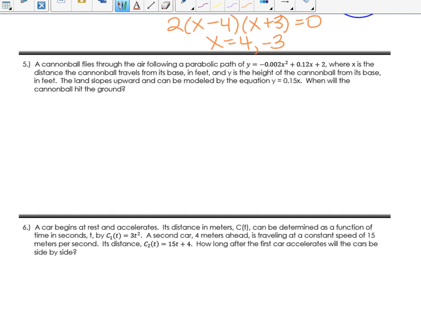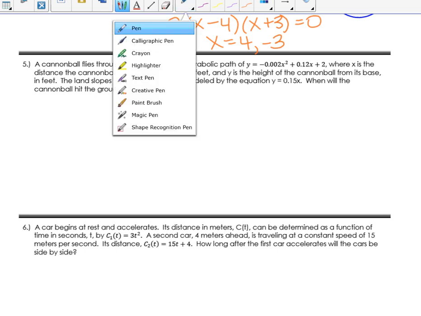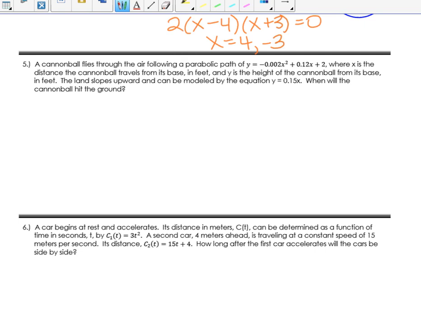It's okay. Number 5, a cannonball flies through the air following a parabolic path of y equals this quadratic in standard form. All right, and then it says that x is the distance. Okay, so x is the distance that the cannonball travels from the base, and y is the height.